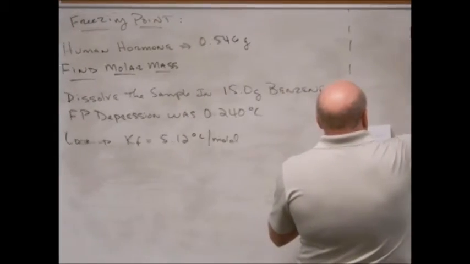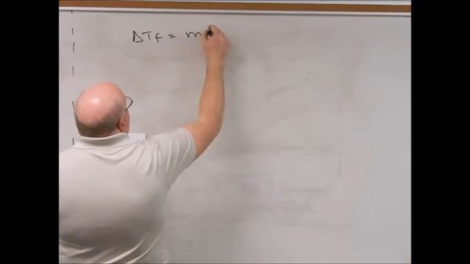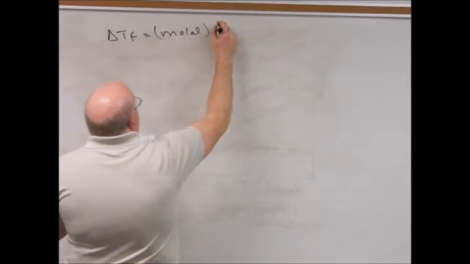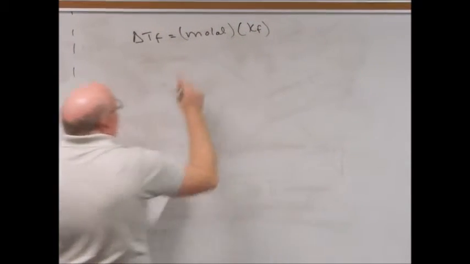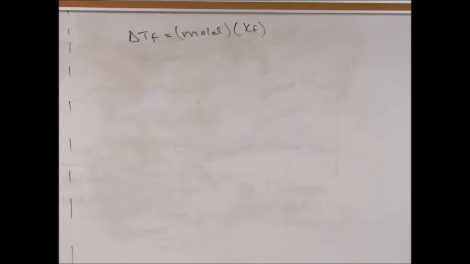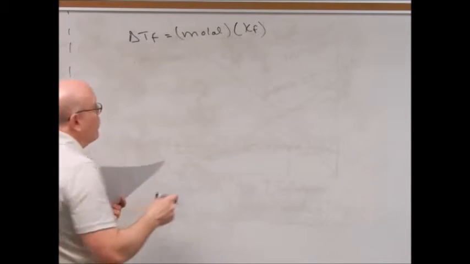Delta T equals the molality times Kf. If I have Kf and I have delta T, I can find the molality of that solution. You don't need the i for this one. Nope.